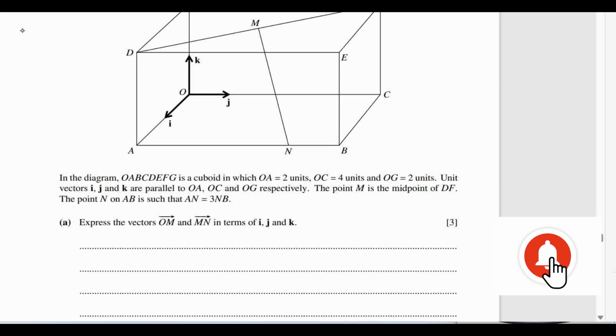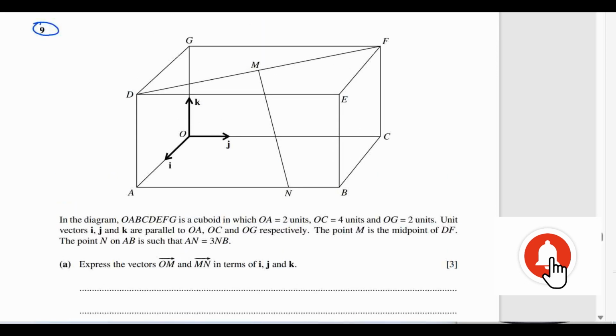So let's first of all see the diagram. Now here you can see this is point O and this one is point M. So we have to find the vector OM. Here we can follow this path: OA plus AD plus DM.